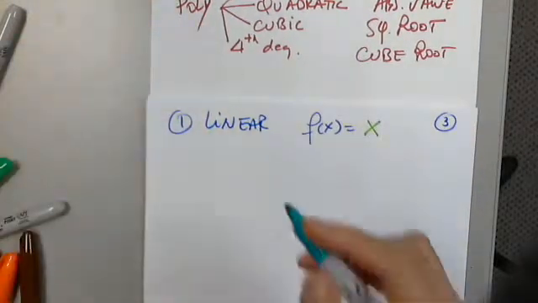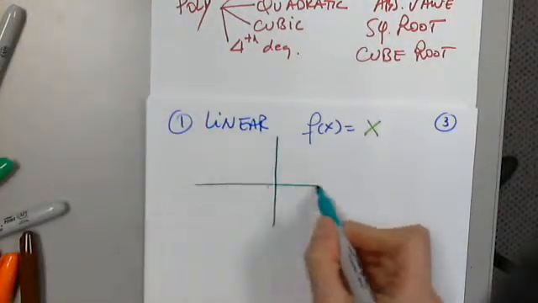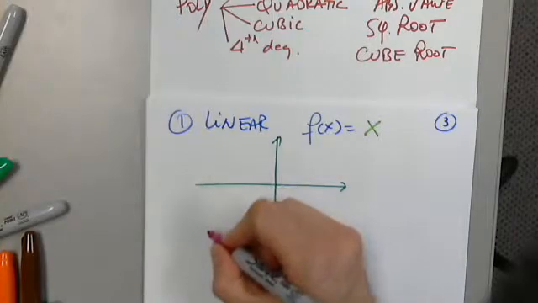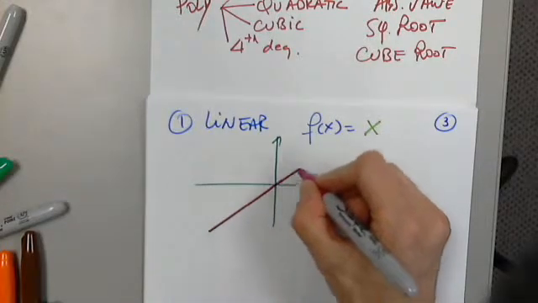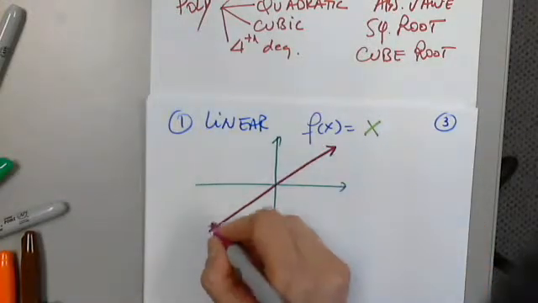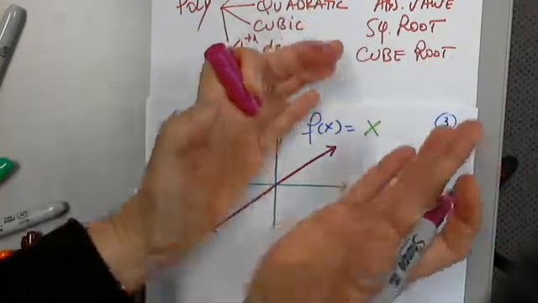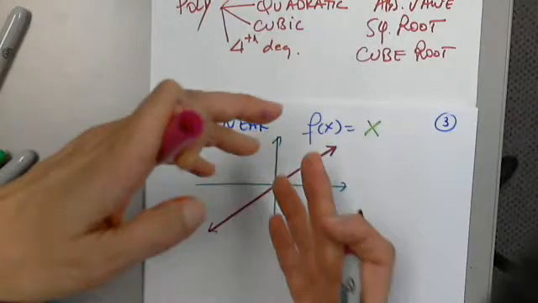So, we are going to graph it. We should know this by now, that the graph of f of x equals x is the line, and this is very important for the next steps in chapter 2. This is the line that bisects the first quadrant and the third quadrant.